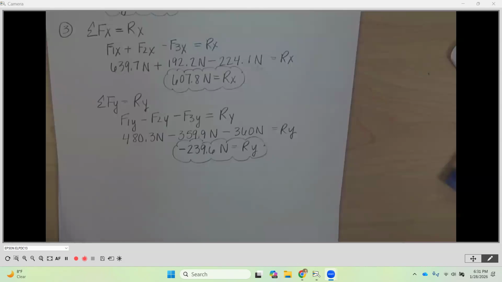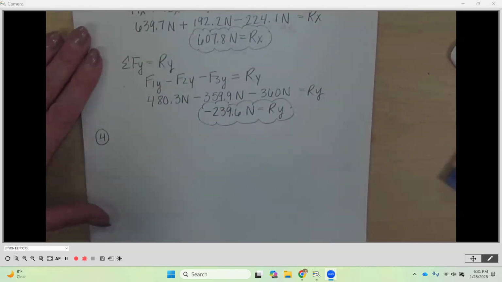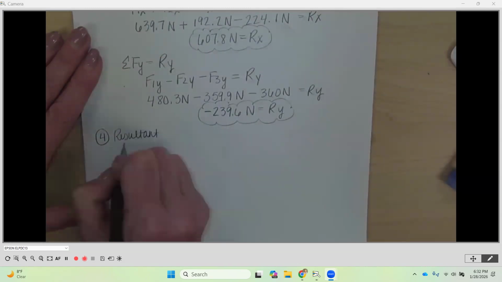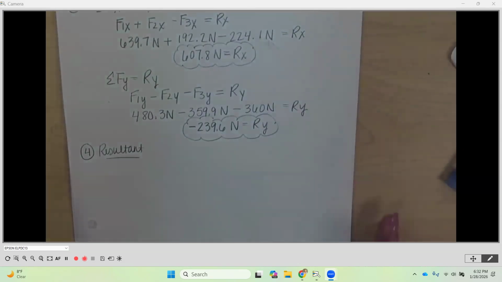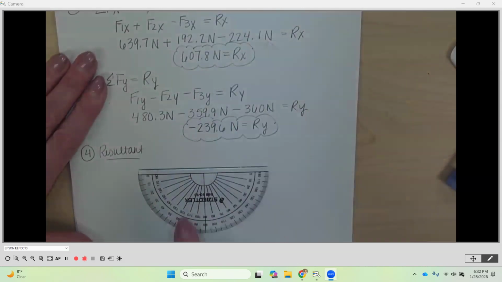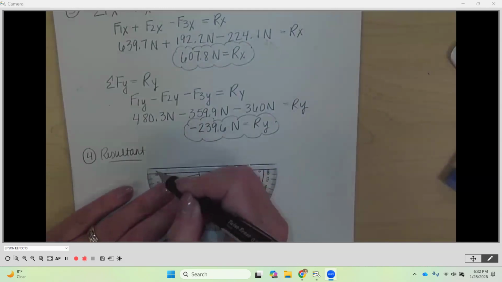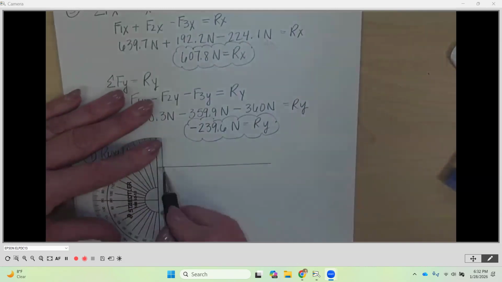So now in our step number 4, we're going to be calculating that resultant. And we're going to use these two resultant x component and y component to show it. So I know that my x component is going to the right and my y is going down. So I am going to draw an x out here and a y.